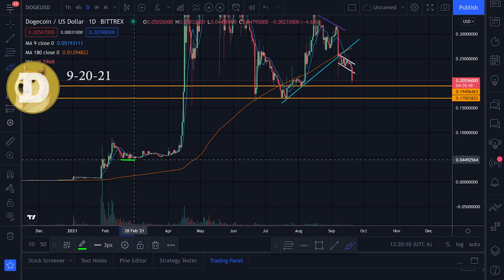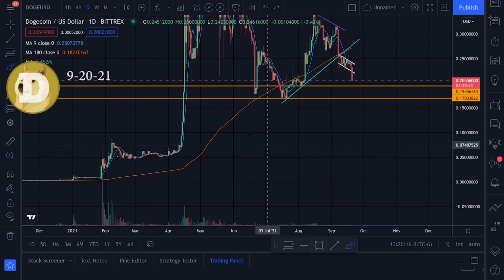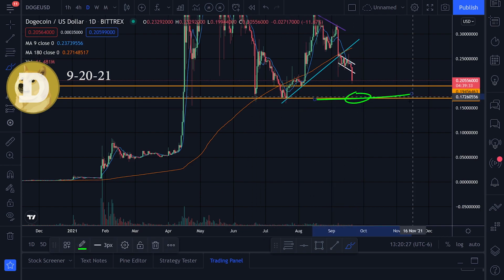Possibly, I'm seeing this previous support right here at around 5 cents, somewhere around there. And there's also, it wicked down right here to around 0.153. So these levels, I'm curious if we're going to break these levels right now or not, if these are going to hold support.